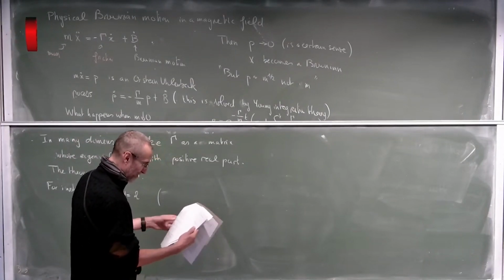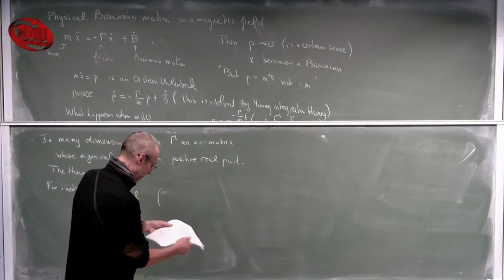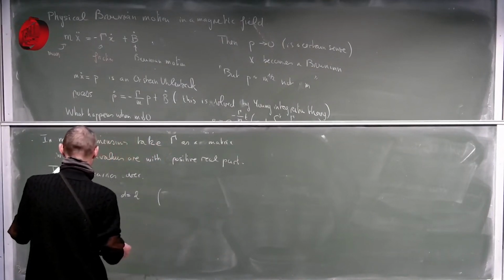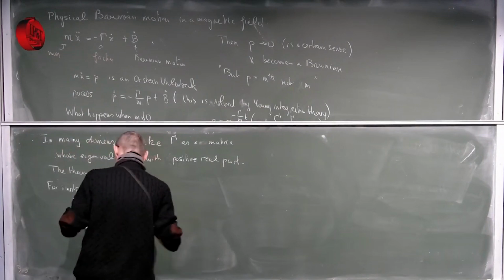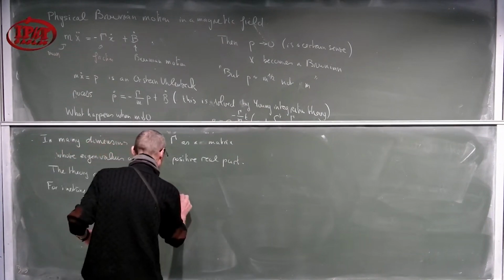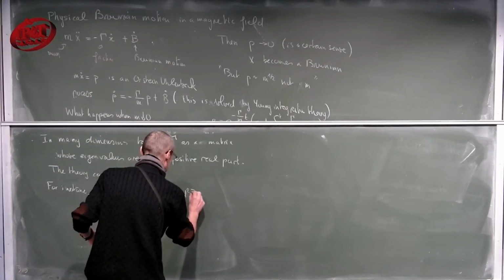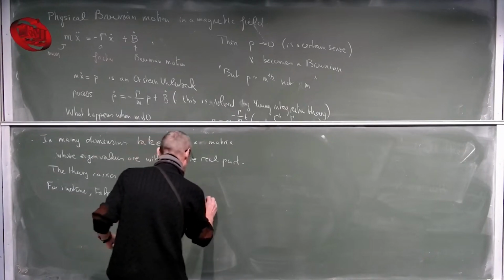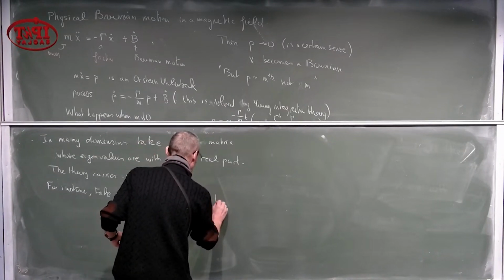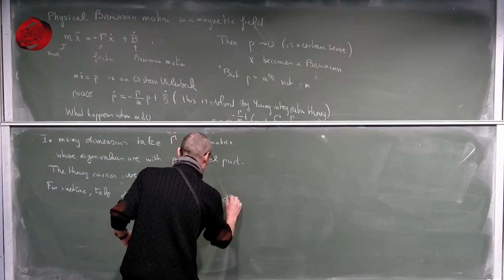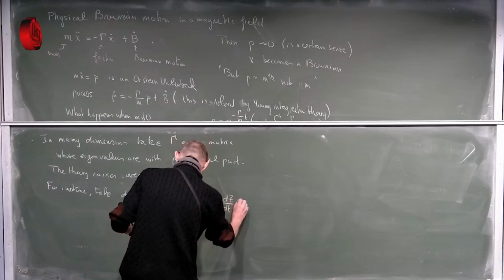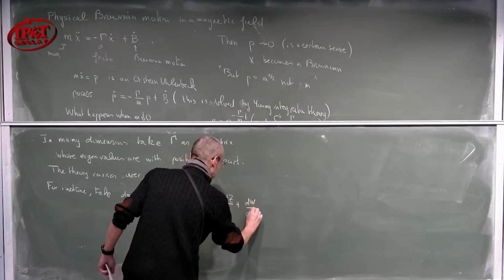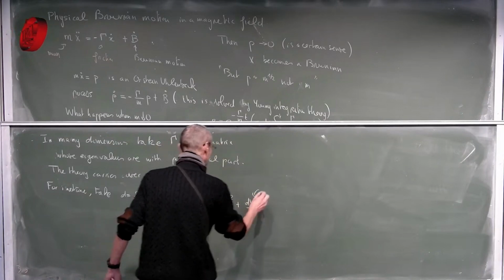I'm not so sure. Okay, so take d equal to 2 and rewrite the equation as in 2 dimensions, so that this is equal to minus lambda dz over dt plus dw over dt. So this is our Brownian.